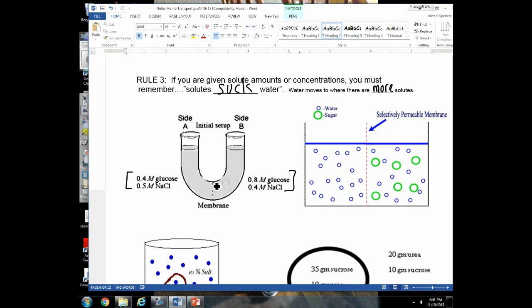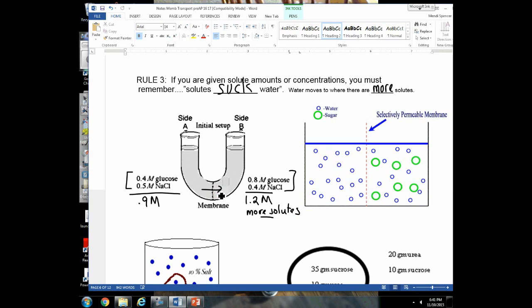So here's a U-tube, and I have a membrane that's separating solution A and solution B. If you add up the amount of solutes over here, it's 0.9 molar. Over here, we have 1.2 moles of solute. So there's more solutes on this side. Solutes suck water.